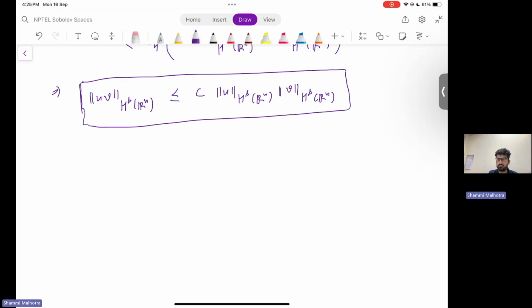Now, the argument we gave, the argument which you saw in the videos, was that to define a trace map, we defined a very specific map. We took the C_c^infinity functions, showed that the inequality holds, and then used the density argument to prove the thing for all the H^s functions. But that was a particular map.